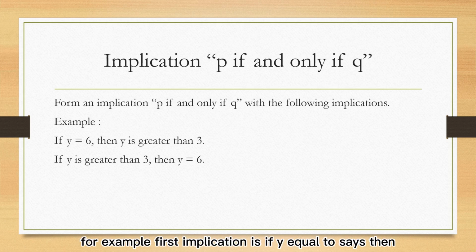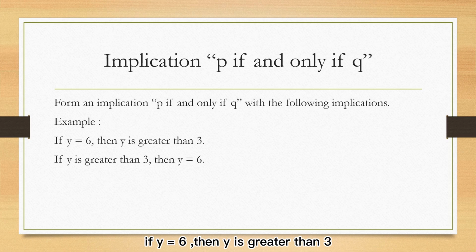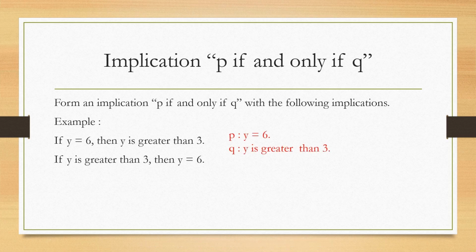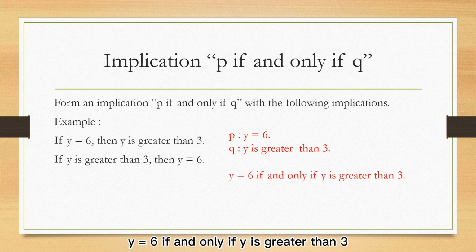For example, first implication is if y equals 6, then y is greater than 3. Second implication is if y is greater than 3, then y equals 6. First step, we need to find out the antecedent and consequent. At last, you can easily write down the answer, which is y equals 6 if and only if y is greater than 3.